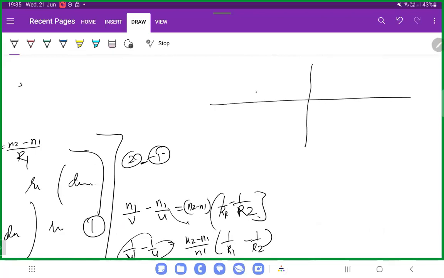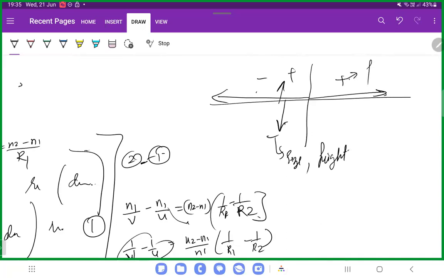Whenever we are talking about distance, and whenever we are talking about size or height, this is for focus, object distance, image distance, radius of curvature, center of curvature.